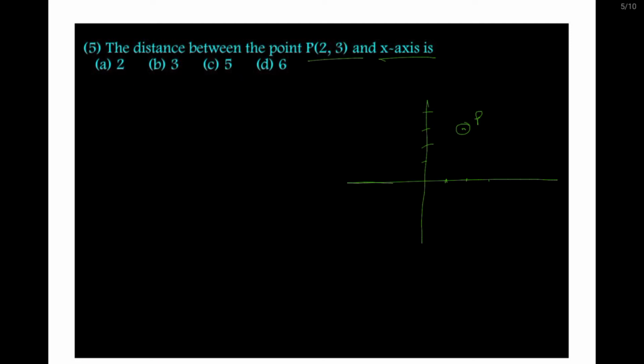Now we will find the shortest distance between P and the x-axis. The question asks for the distance between the point P and the x-axis. So we will assume the coordinate on the x-axis at this point, because if we connect these two, this will be the shortest distance between point P and the x-axis.